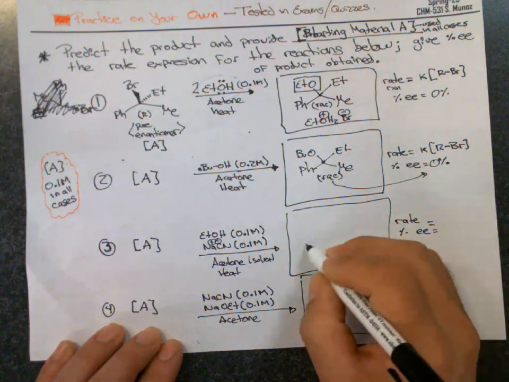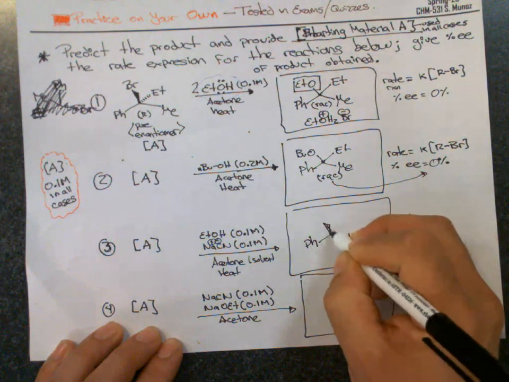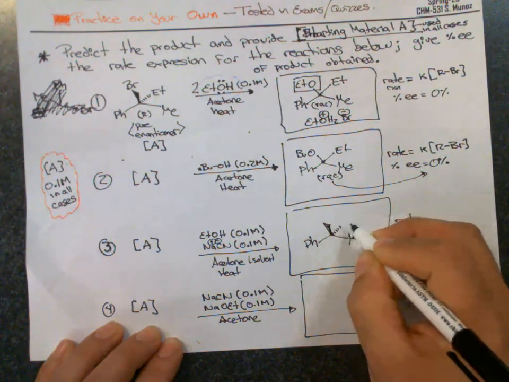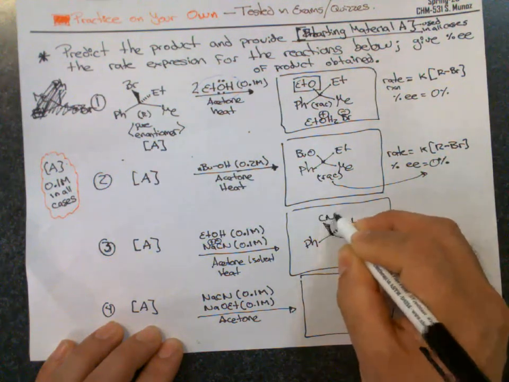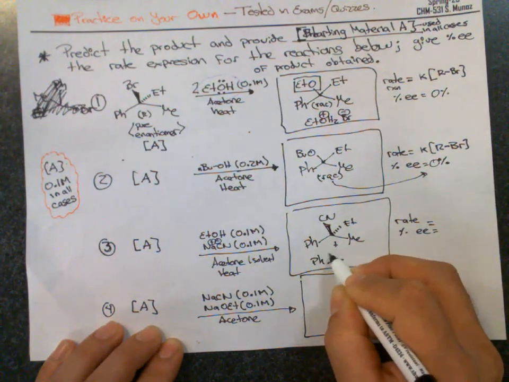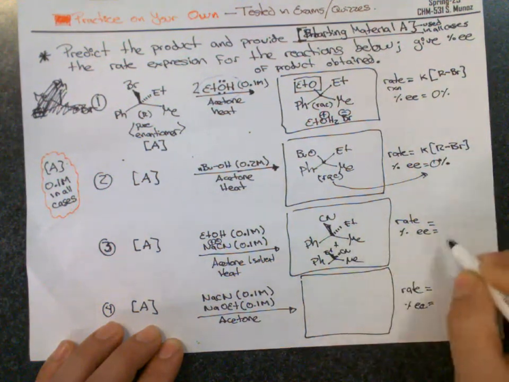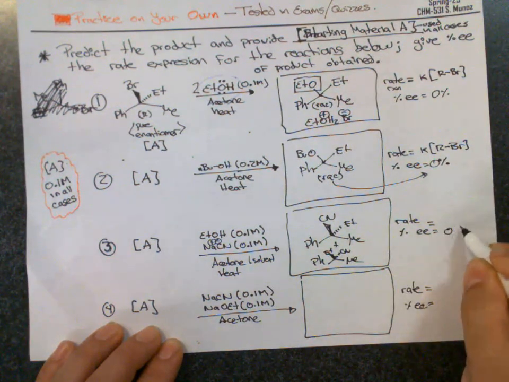And so I would have liked all of you, and I'm going to write this now, to expect a mixture, a cyano group plus the enantiomer. Zero percent EE.